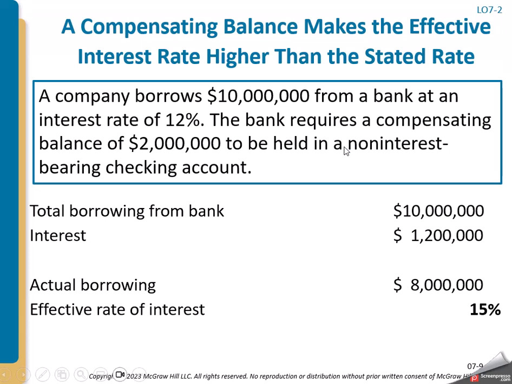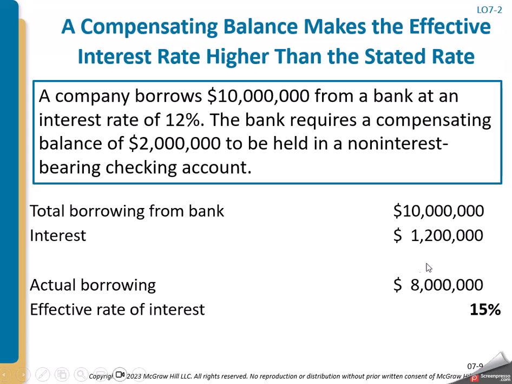So here is an example. The company borrows $10 million from the bank at a rate of 12%. The bank requires a $2 million compensating balance in a non-interest bearing checking account. So they're going to borrow $10 million, but $2 million of that is restricted.